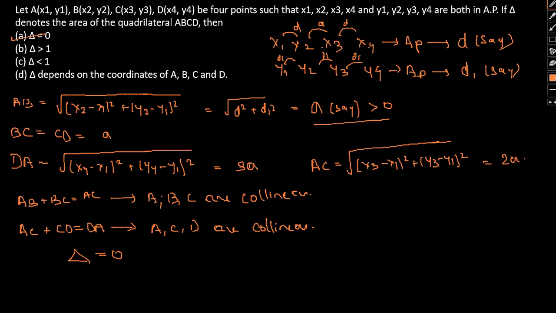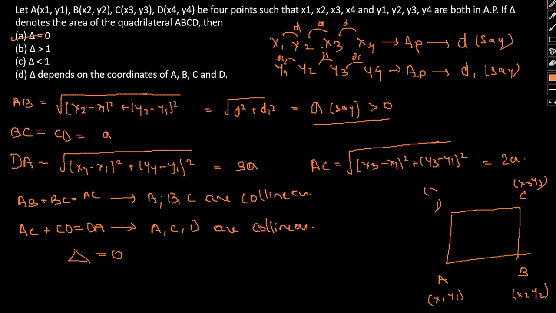In case you are having any kind of difficulty, let me represent the same with the help of a diagram itself. See, this is A, B, C, D, with x1, y1, x2, y2, x3, y3 and x4, y4. This is just for the sake of your visualization.